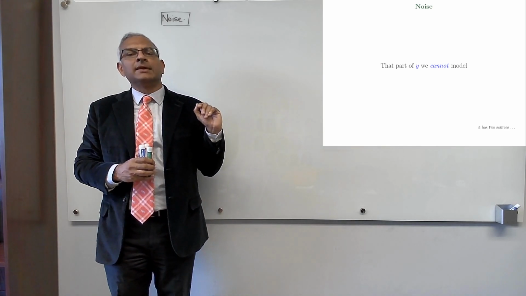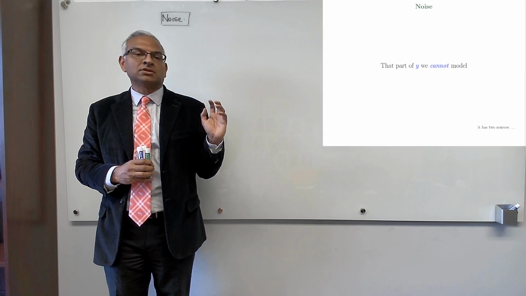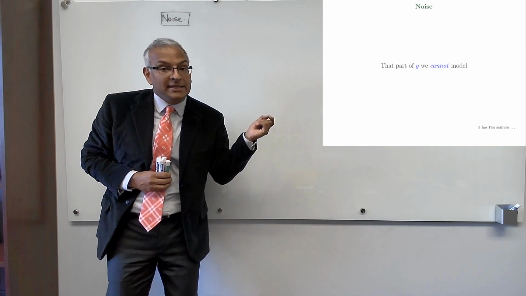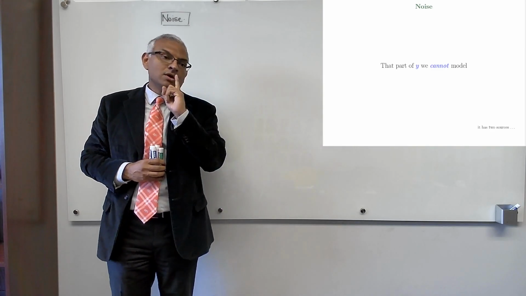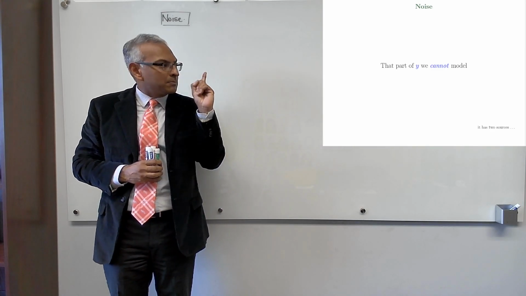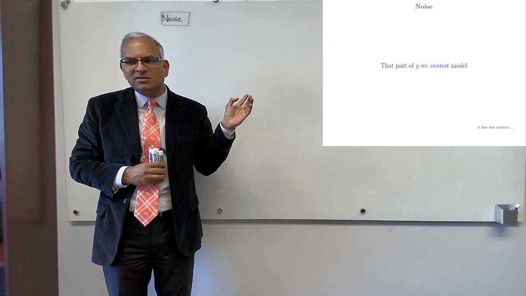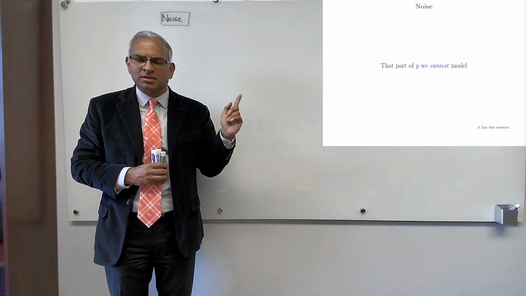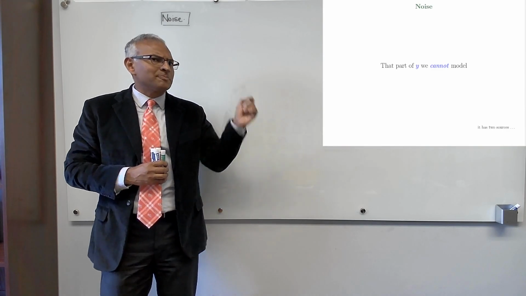And it's very important to appreciate the highlighted words, the part of y that we cannot model. Now you might think, well, why did I put y there instead of f? Why isn't noise the part of f that we cannot model? And that'll become clear shortly. So it's very important. It's the part of y.